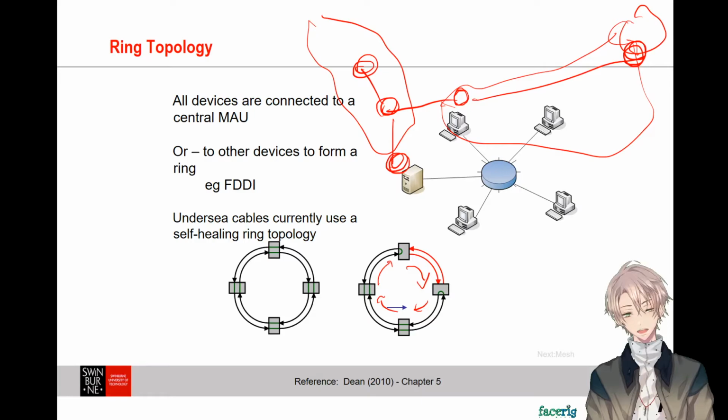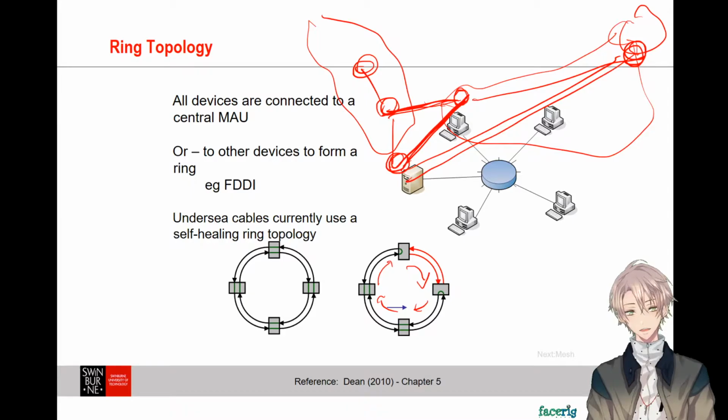And then other than just this single connection, you need to make sure that there are more connections. So what if this connection suddenly got bitten by a shark? If it's bitten by a shark, then your router can communicate using the other route. That is why we use different types of topology for different situations.